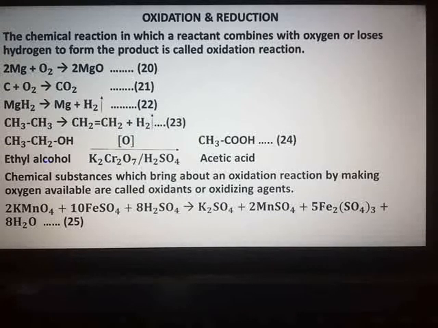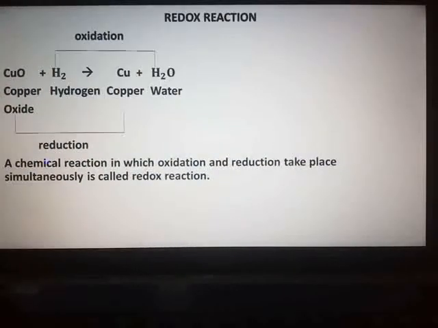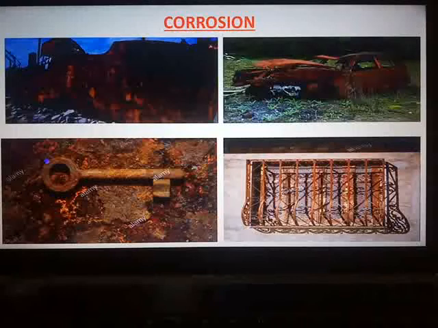The last topic to end this chapter is corrosion. Especially in the rainy season, in the presence of moisture in the atmosphere, mostly iron articles, or articles made up of different metals, undergo this process of corrosion or rusting. You can see the key of iron getting rusted.